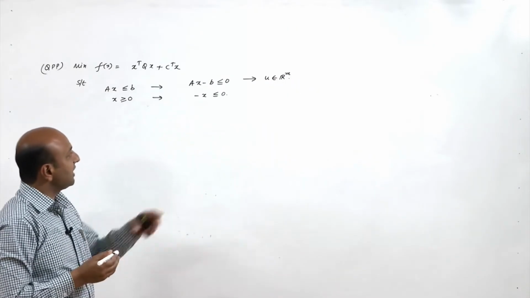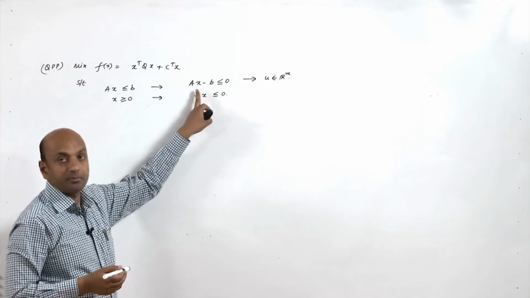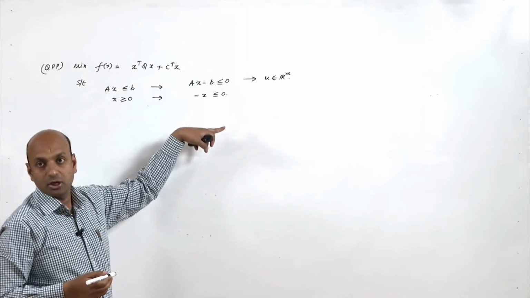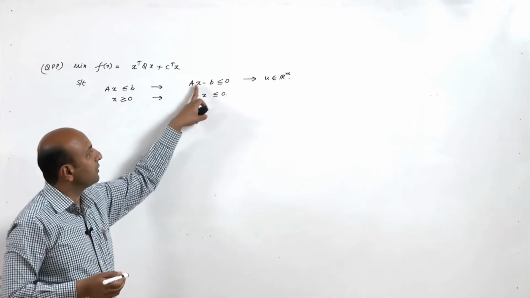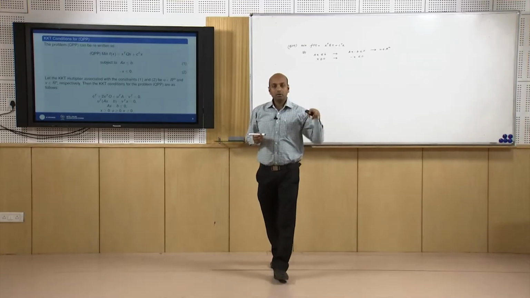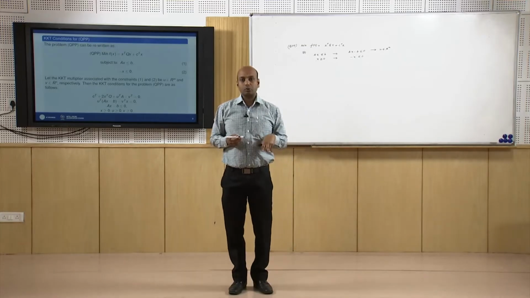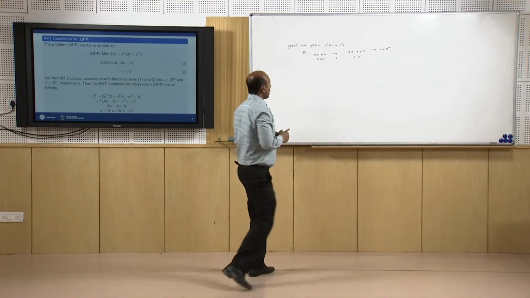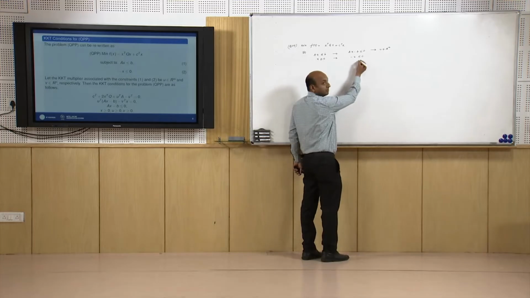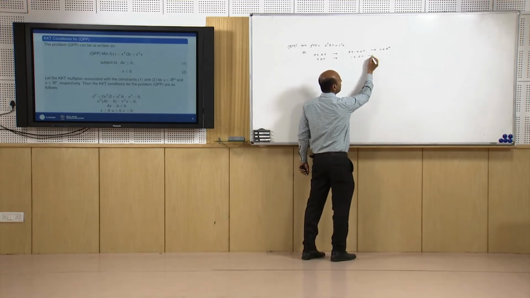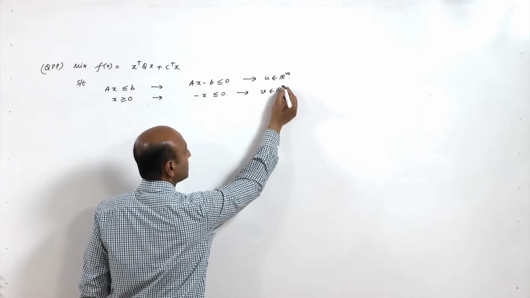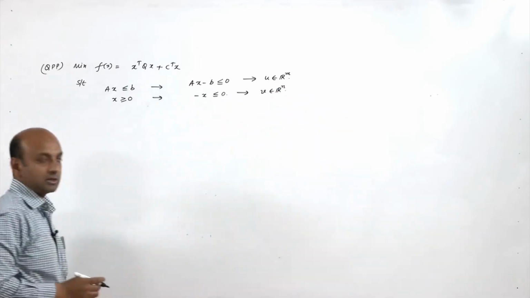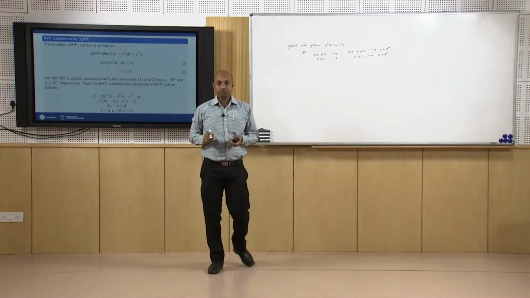How many constraints are we having for this system? M constraints. So, we need m number of KKT multipliers for the Ax minus b less than or equal to 0 constraint. Now, how many constraints are we having here? N. So, we need n number of variables for these particular constraints.